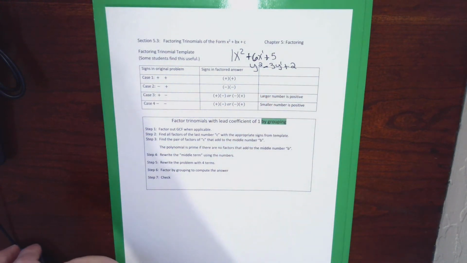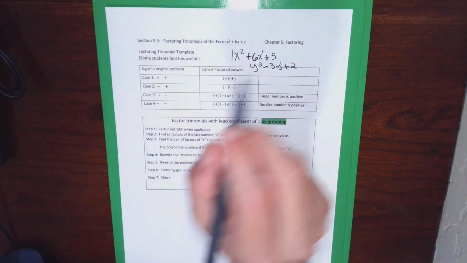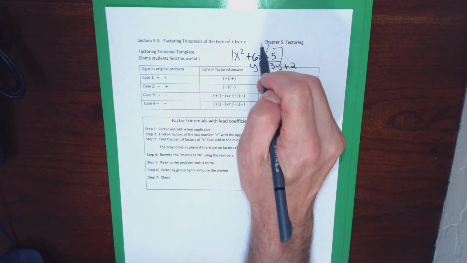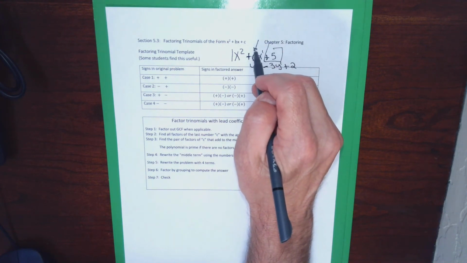In the world of these problems, the numbers that are going to be most important are the constant term and the coefficient of the first power term.